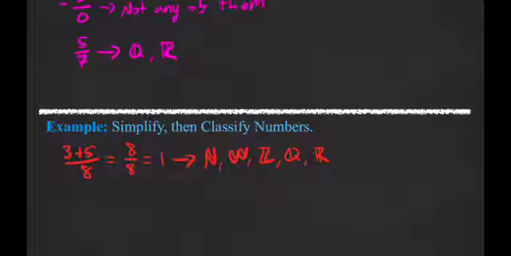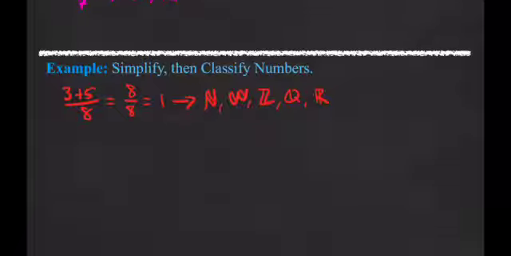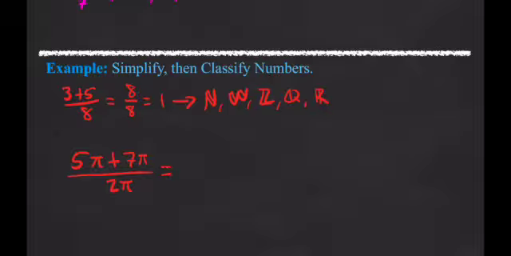Let's do another one. Let's say we have 5 pi plus 7 pi divided by, let's say, 2 pi. What's 5 pi plus 7 pi?